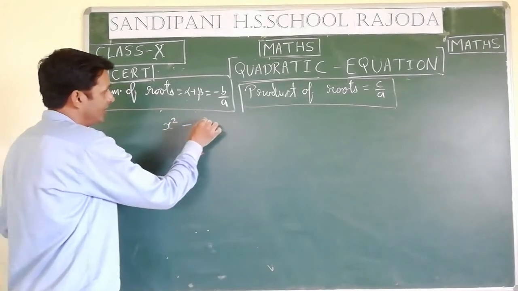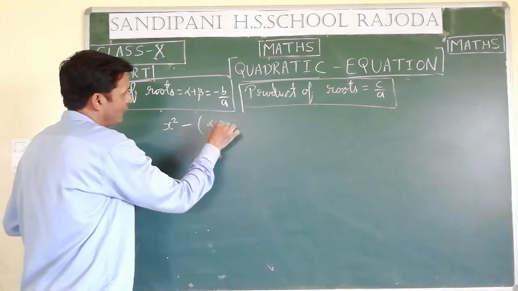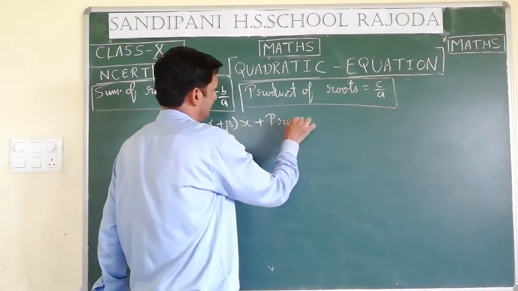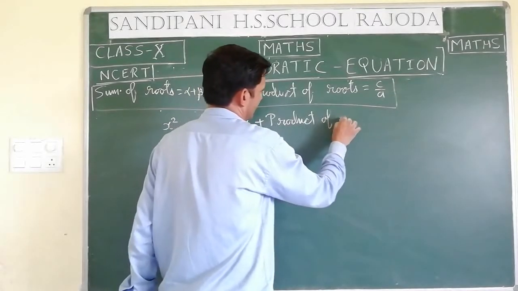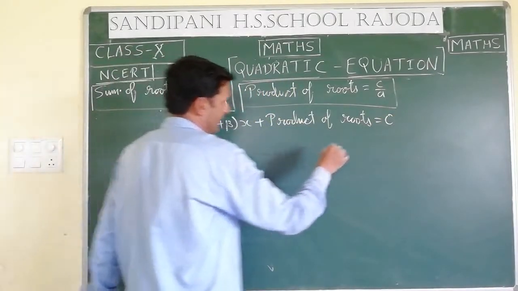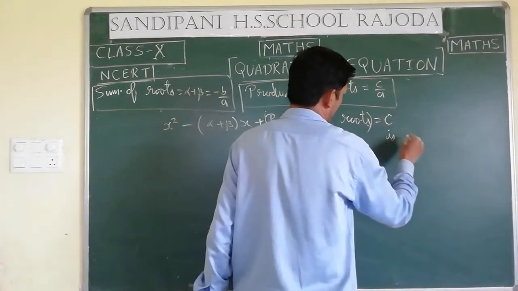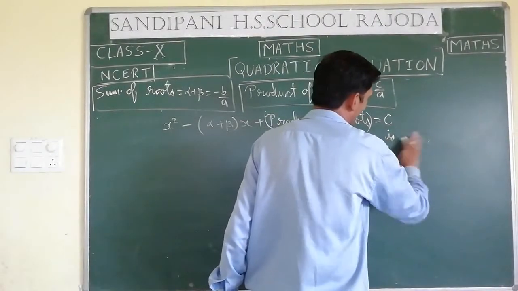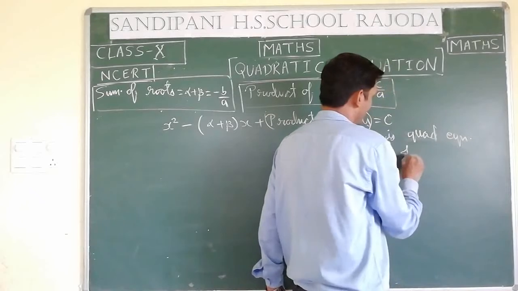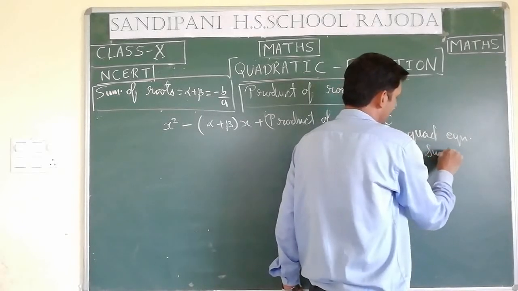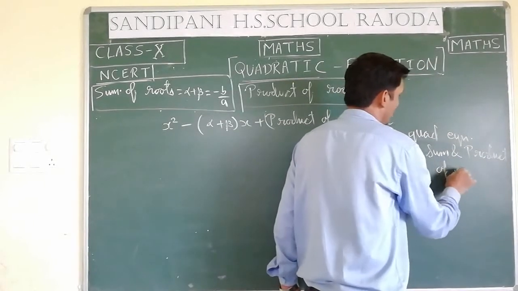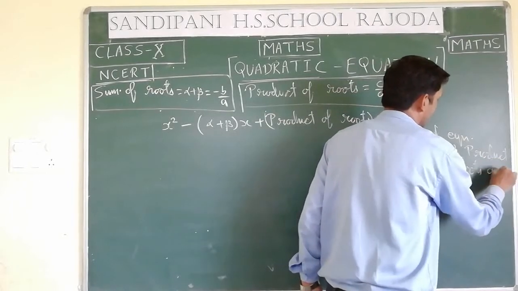There is another formula: x square minus sum of roots into x plus product of roots is equal to 0 is the quadratic equation if sum and product of roots are given.